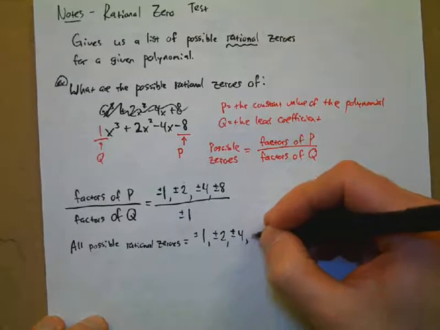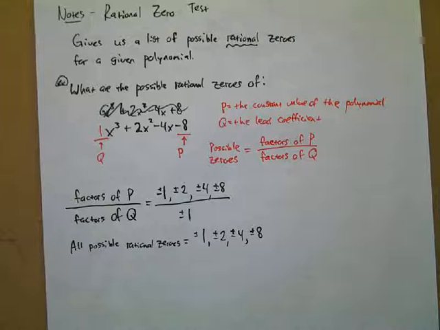So we have 8 possible zeros there. And so there's all the possible rational zeros.